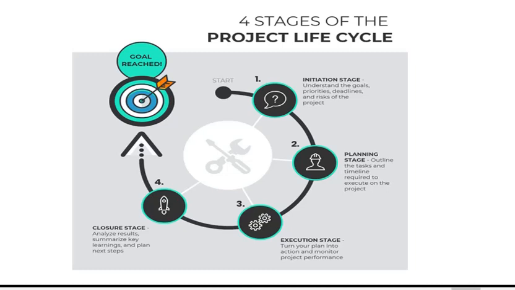The major deliverables, that is, the major products and participating work groups, are identified. The project team begins to take shape in this phase itself, and approval is then sought by the project manager to move on to the detailed planning phase. So all these activities are included under the initiation stage.